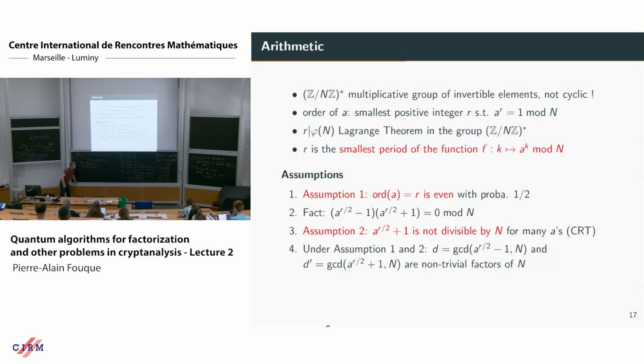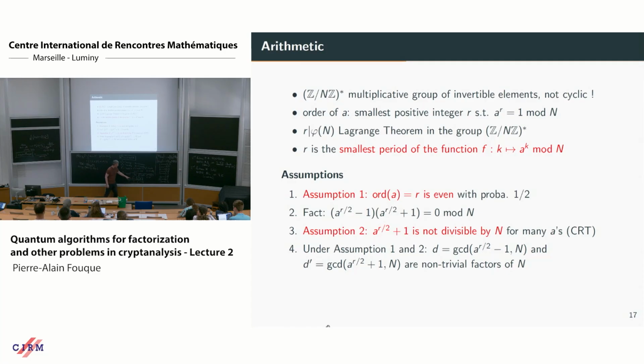To factor, we are interested in exactly finding these two solutions. If I have two different factors, I can have 4 different square roots, and 2 of them will be helpful for me to factor. And if I have more factors, the probability to find a non-trivial root of unity will be higher.